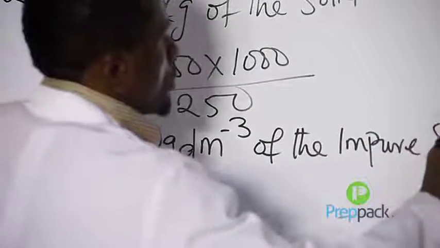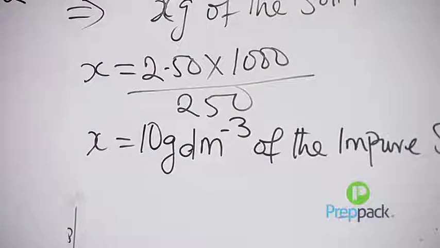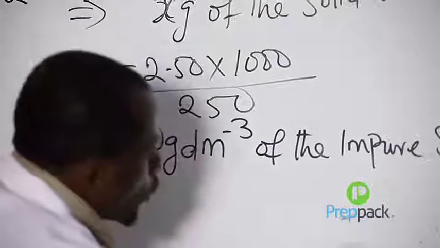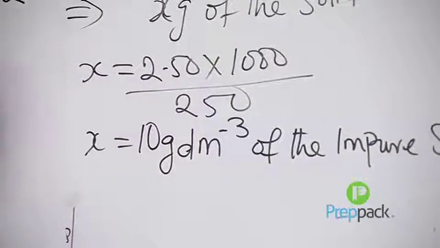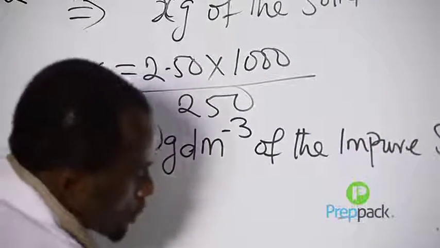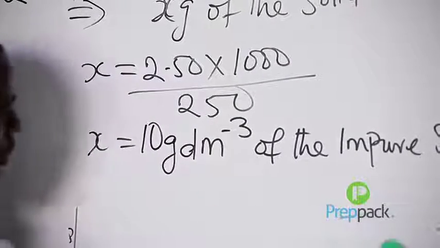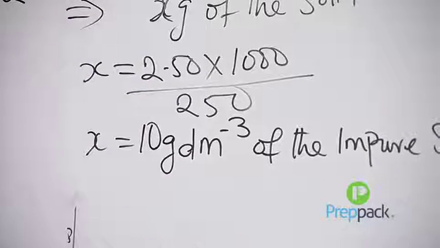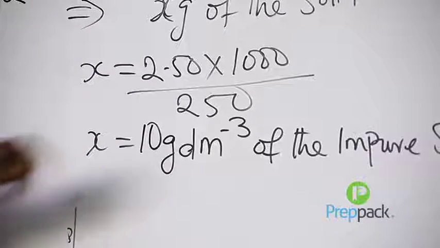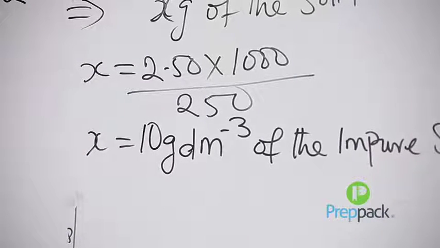All right. So for us to get the percentage purity, we need to know the concentration of the pure solid. How do I do that? I've known the concentration of the impure. How do I know the mass concentration of the pure solid?